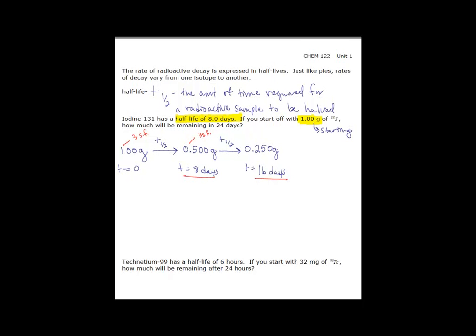So we're not quite to 24 days yet, so we need to go through another half-life. So half of 0.25 gives you 0.125 grams. Now we've gone through 3 half-lives, so 8 plus another 8 gives you 24 days. So we have answered the question. The amount remaining after 24 days will be 0.125 grams.